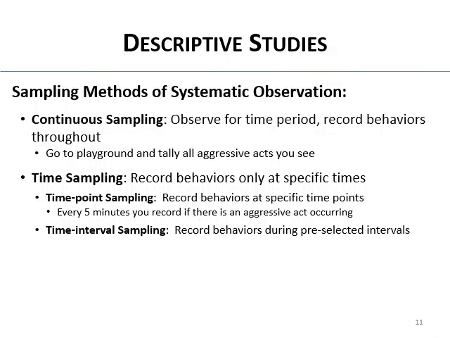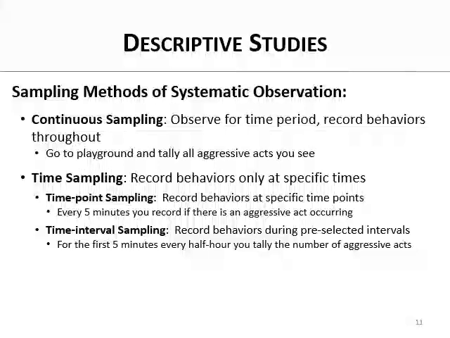Time interval sampling is a twist on that, where you record behaviors during pre-selected intervals. So for the first 5 minutes of every half hour, you tally the number of aggressive acts. But notice that it's an interval of 5 minutes, not just a point where you lift your head and record what you see and put your head back down. This goes on for 5 minutes every half an hour.